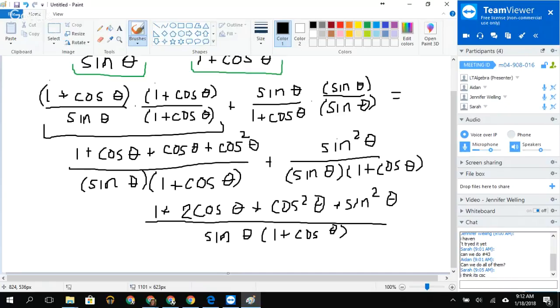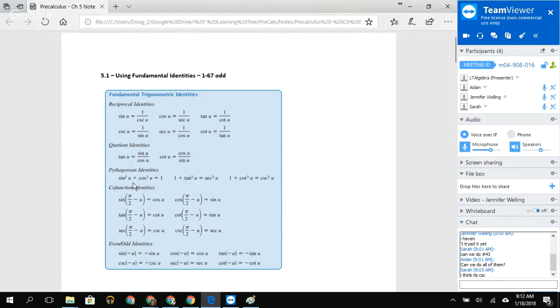All right, so this is where I was hoping this would work out. I know that the sine squared of theta plus the cosine squared of theta equals, if you go back to your identities, 1.